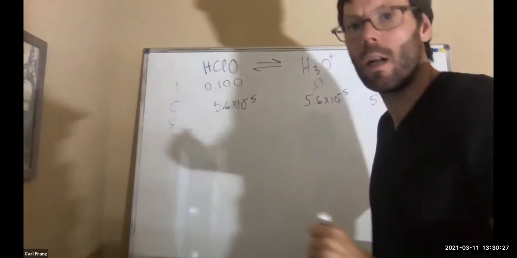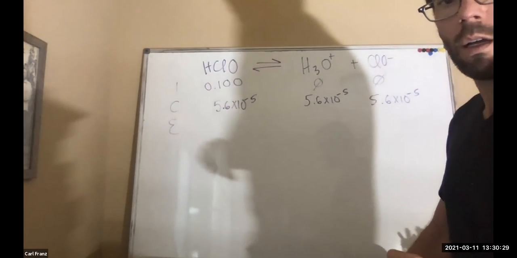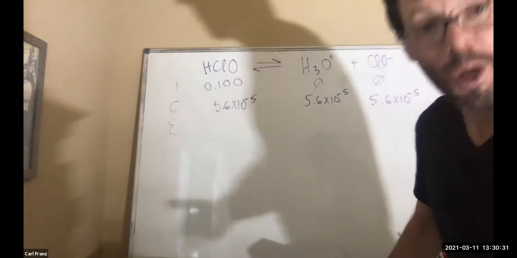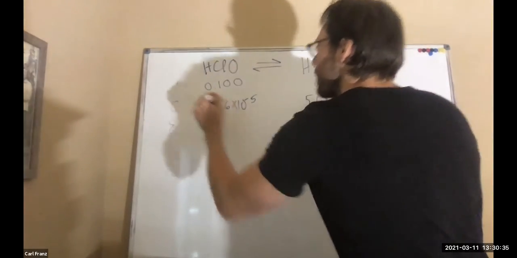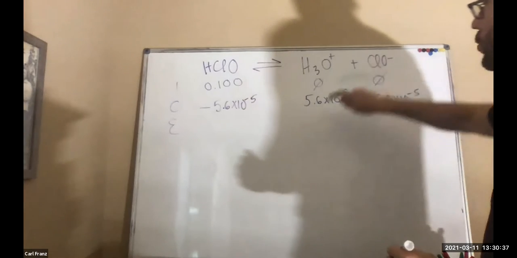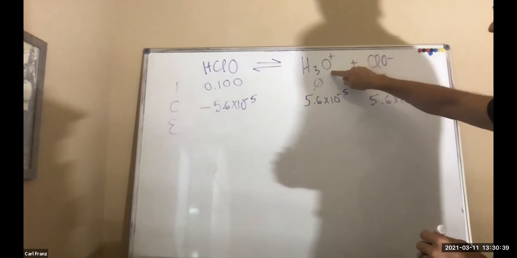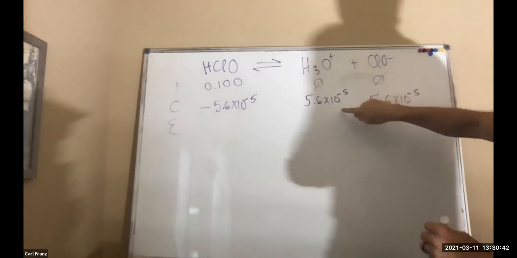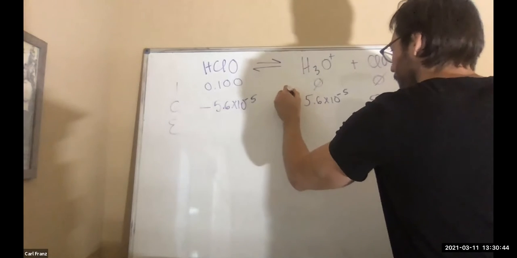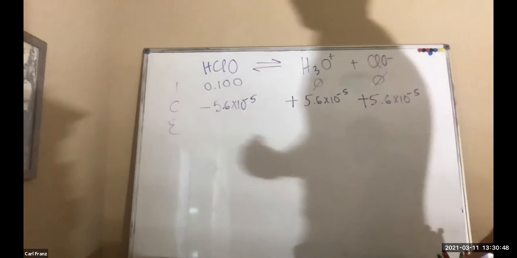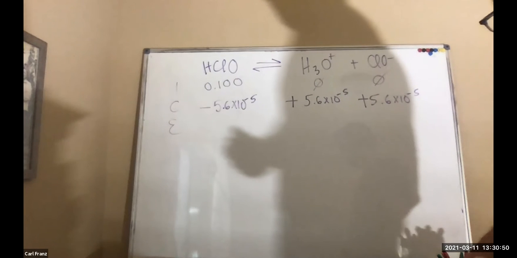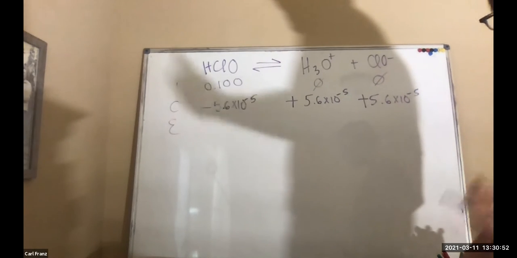Now, something's going to be negative. Something's going to be positive. We're going to say that this side is negative, okay? Because we're going from 0 hydronium ion concentration to now gaining this amount here. We don't have any Ka value, right?